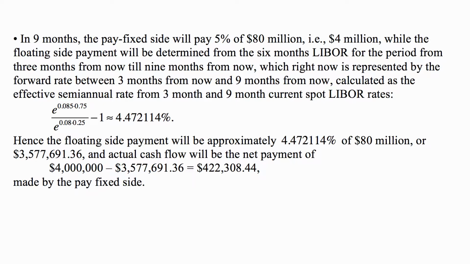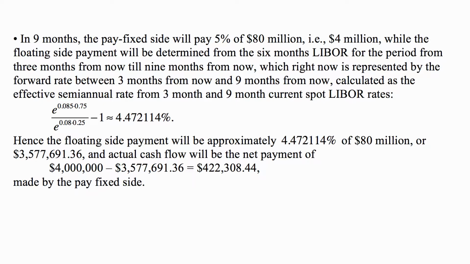calculated as the effective semi-annual rate from the 3-month and 9-month current spot LIBOR rate. So remember that 1 plus the forward rate for that period times 1 plus the spot rate to the beginning of the period, taken to appropriate power in terms of time, is equal to 1 plus the spot rate taken to appropriate power over the entire period.